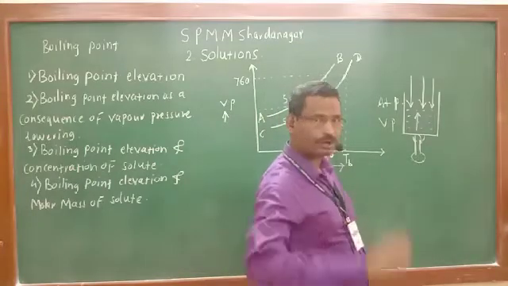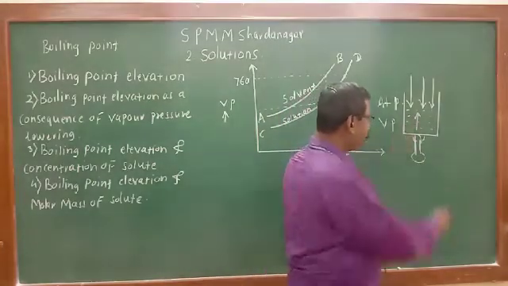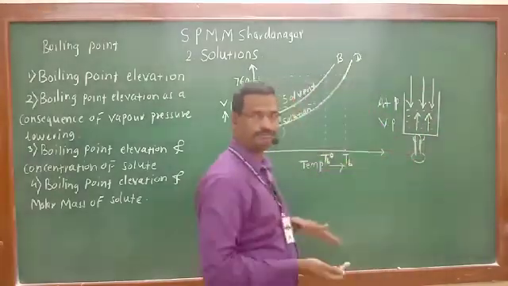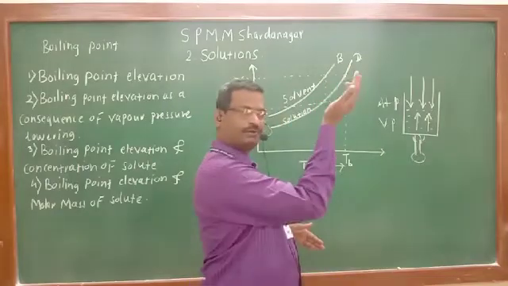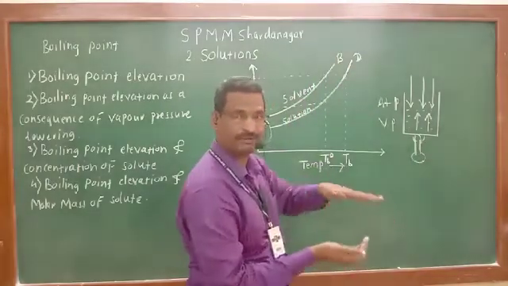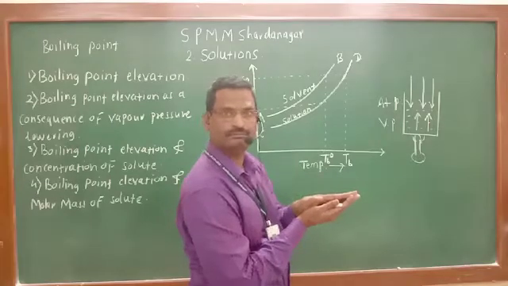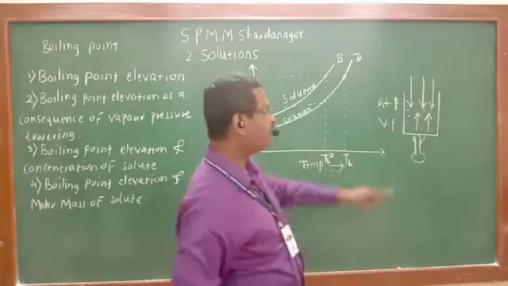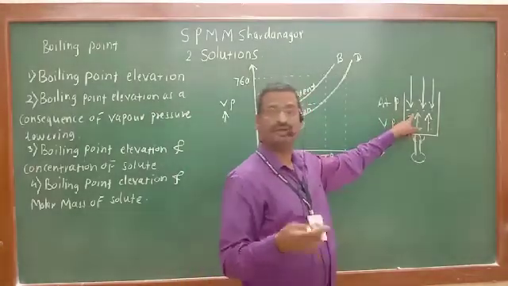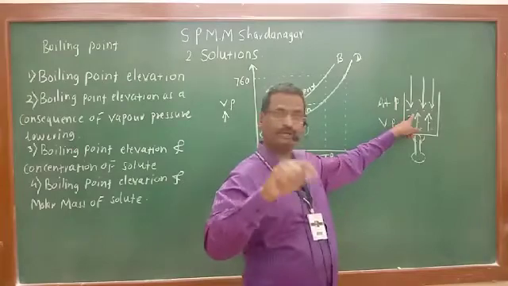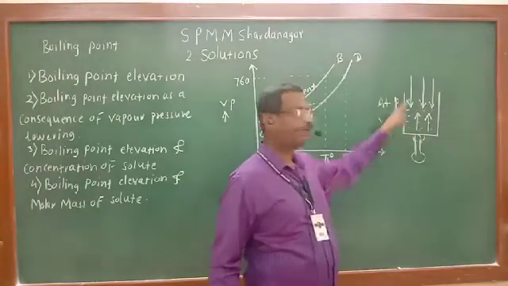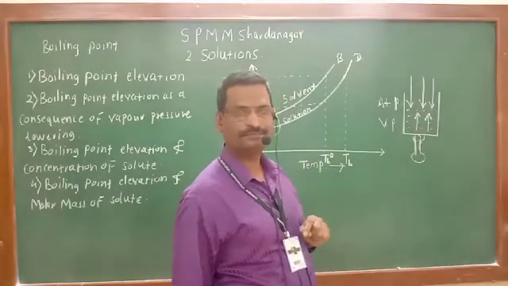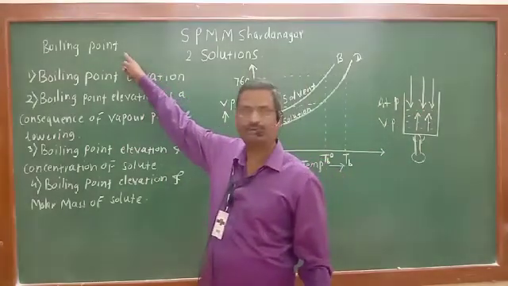Whenever the vapor pressure exerted by the liquid and the applied external atmospheric pressure become equal, the liquid starts boiling. That temperature at which the vapor pressure of the liquid is equal to the external atmospheric pressure is known as the boiling point of the liquid.